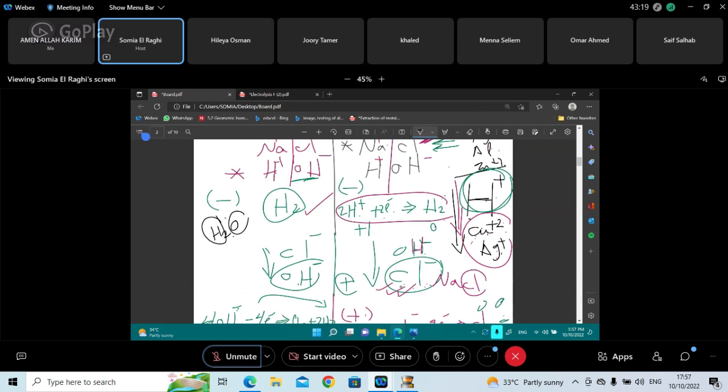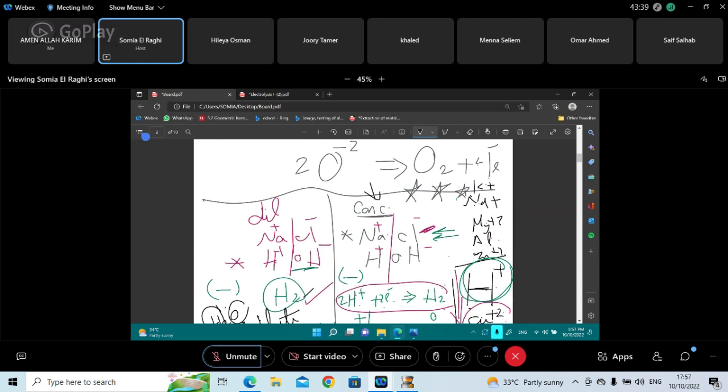In case they write dilute in the question, that means we are doing electrolysis of water. We get hydrogen and oxygen. If they didn't write anything, either dilute or concentrated, and just write solution, we assume it is concentrated. Clear? We will practice the question together because this part is important. I repeat, you will get it in your final exam.